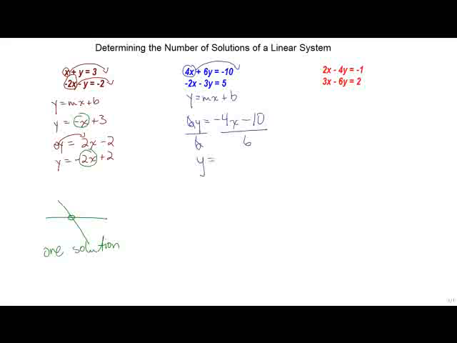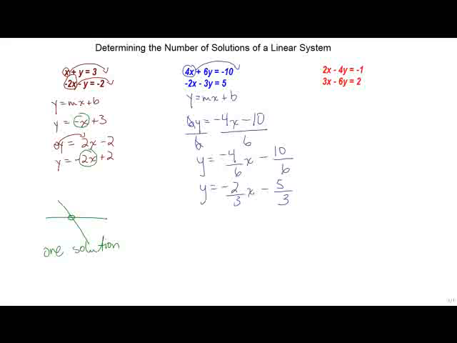Our 6's cancel, leaving us with y equals negative 4/6 x minus 10 divided by 6. And this can be simplified to y equals negative 2/3 x minus 5/3.